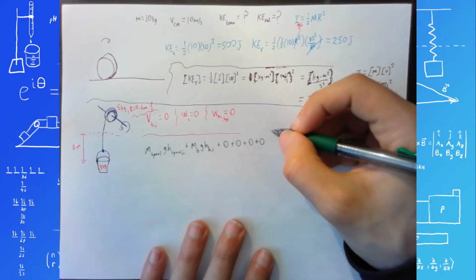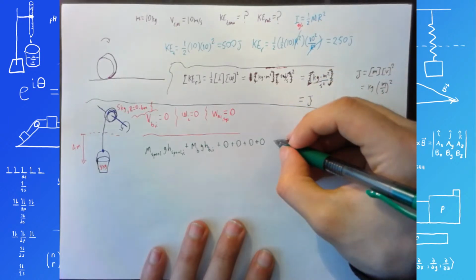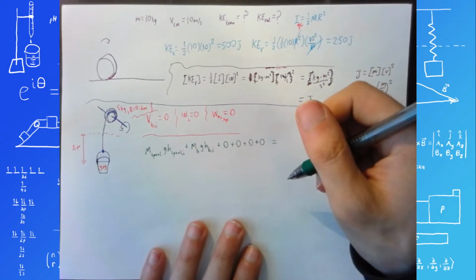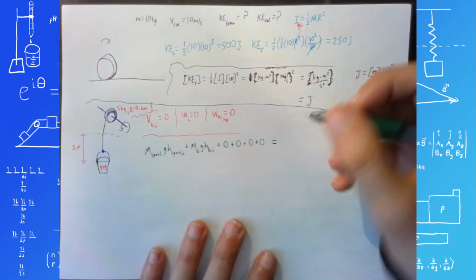I know it's kind of redundant because there's no way that this bucket is rotating, but again, just for the sake of putting it all in there. And there are no springs here, so no elastic potential energy to take into account.